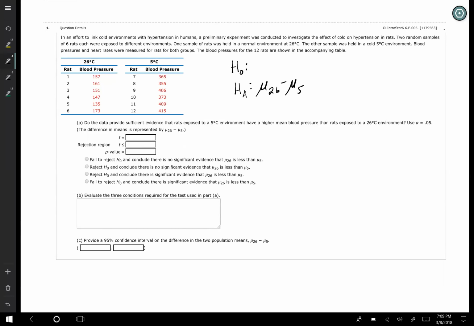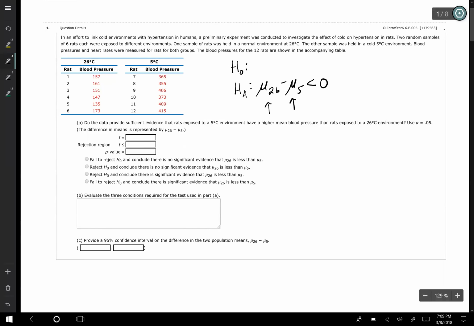So if mu5 is greater than mu26, then the difference in this order would be negative. For the second number to be bigger than the first number, the difference has to be negative.